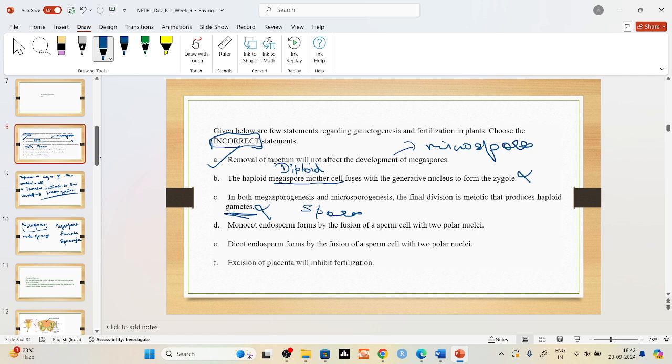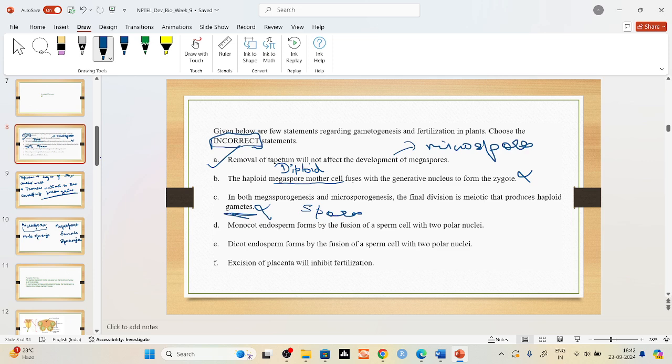The gametes are produced later through mitosis in the female and male gametophyte. You understand? So your megasporogenesis and microsporogenesis do not produce gametes. They produce spores. Your gametes are your egg and sperm, and these are formed later through the mitosis which occurs in the female and male gametophytes respectively. So this statement again becomes incorrect.